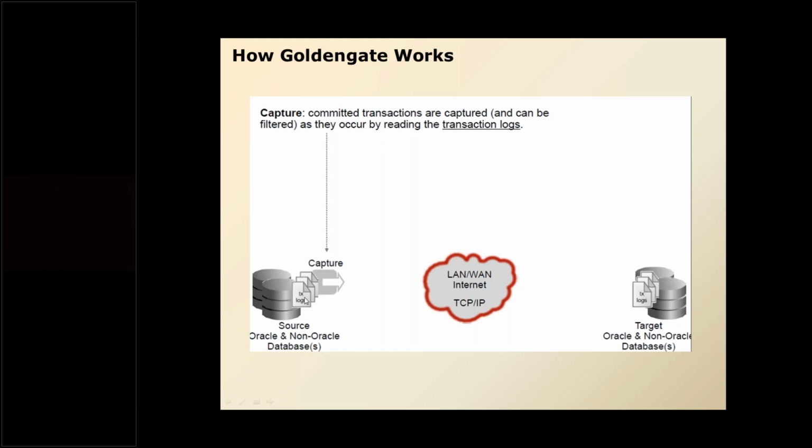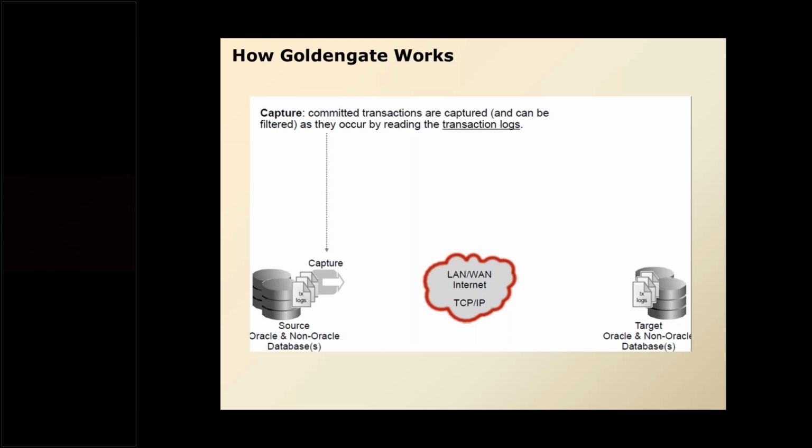In case of Oracle, we call these transaction logs redo logs, and a backup of redo logs is known as archive logs. Whenever you do any transaction in the database, those transactions come into the transaction logs. Transaction logs contain committed as well as uncommitted data.